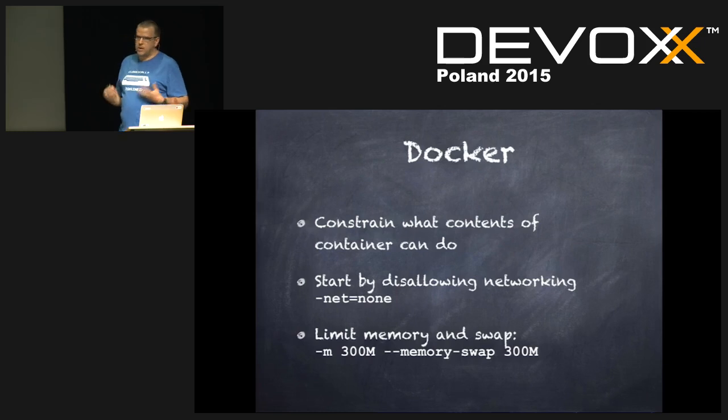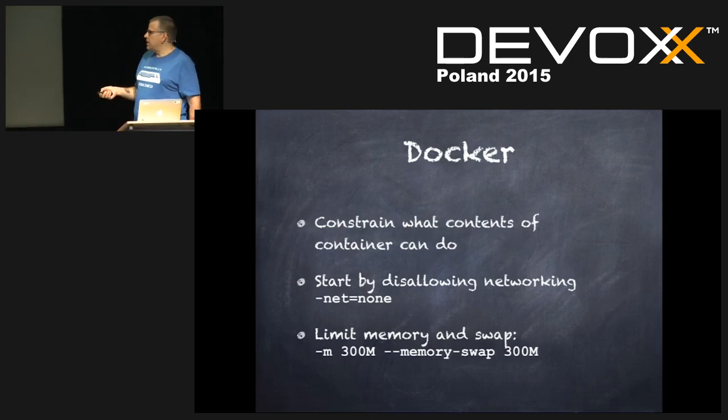There's also a potential attack that an app running in a container can perform, a denial of service attack, by using up all the available memory on the host. We take care of this by saying that a particular node, a particular Docker container, can use no more than 300 megabytes of memory. This is going to change app by app.